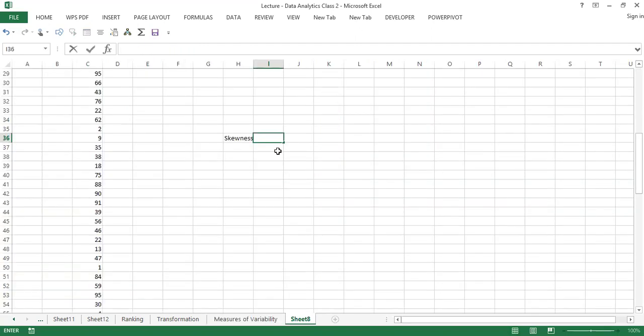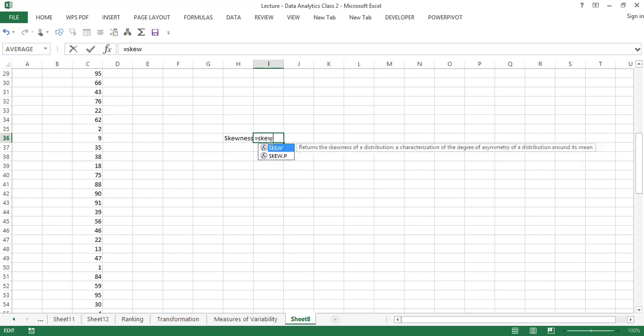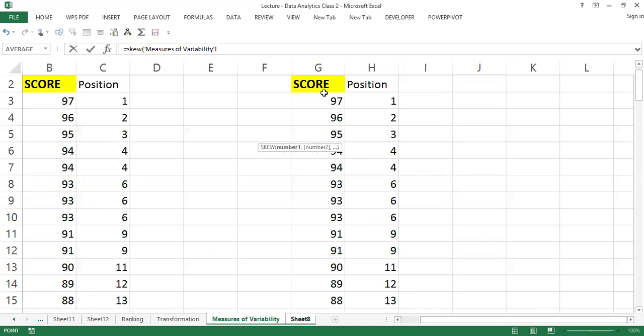We have to start by picking the function, equals SKEW. Then the data we want is on another sheet, so you have to click that sheet. Then you select the data.